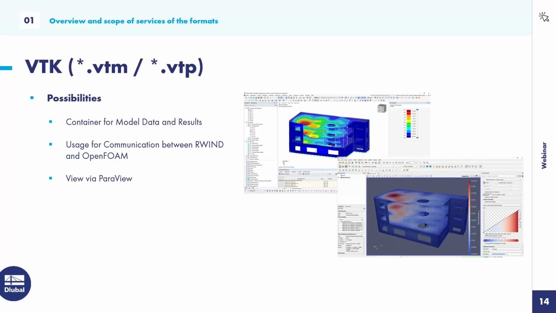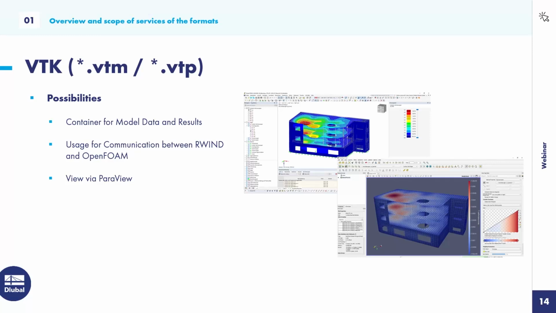Our wind program is a standalone program, which can also be integrated into RFEM 6. It's like a virtual wind tunnel, so you can calculate the wind pressure and suctions on complicated structures and shapes. This analysis is done via OpenFOAM, which is a numerical solver for fluid mechanics analysis.